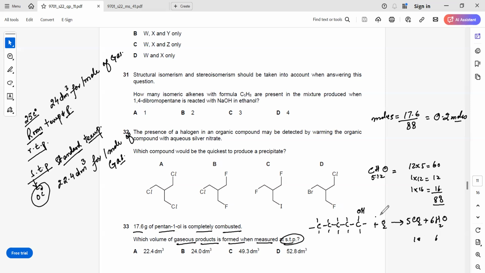So what if I place 7.5 here? 15 and 1 is 16, because oxygen is in excess, so we can balance it like this. Now from our balanced equation, under these conditions, 0 degrees Celsius, so the water will exist.